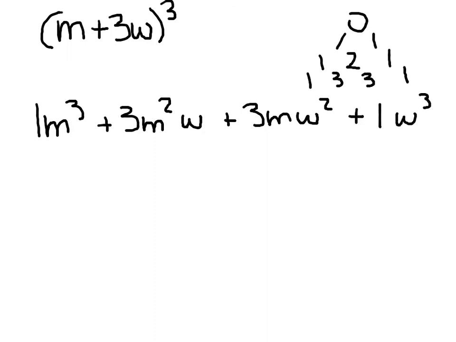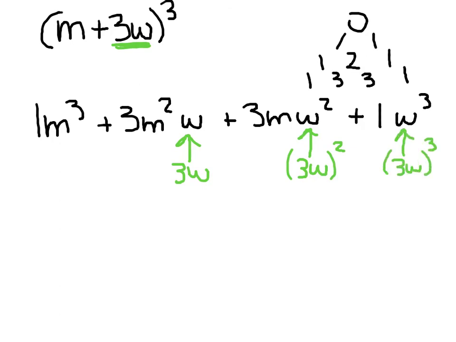And then I'm going to go, oh yeah, but it's not really a w, it's a 3w. So wherever there's a w, I'm going to replace it with a 3w. This 3w is going to be squared. This 3w is going to be cubed.